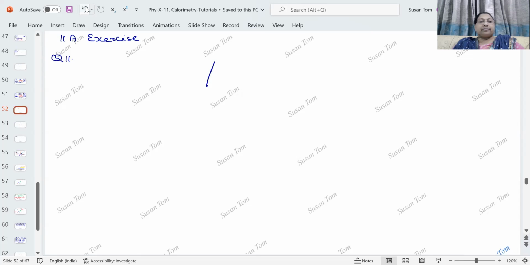So, symbolically, I keep cold water here, to which we are adding the hot water. We have another container in which hot water. According to the mass, I will label, okay?